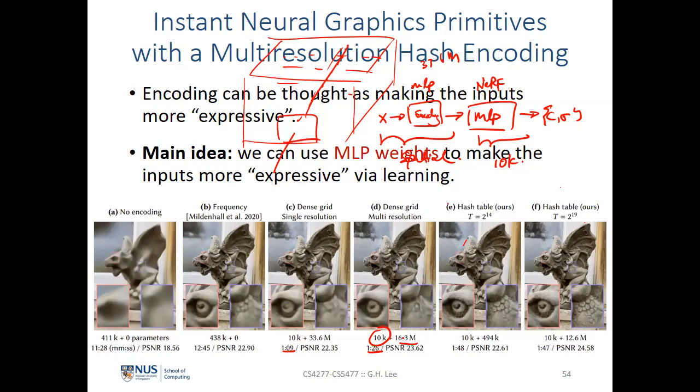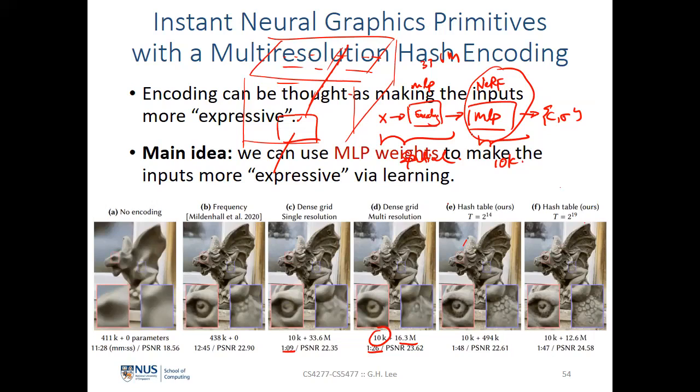Okay, because in the original NeRF MLP, whatever input that you have, these are all in the feature space of your deep network. So when you do backpropagation, right, you have to backprop to every single parameter inside the NeRF MLP.